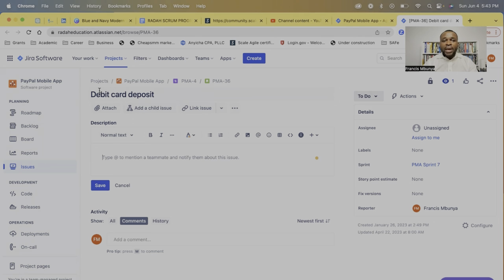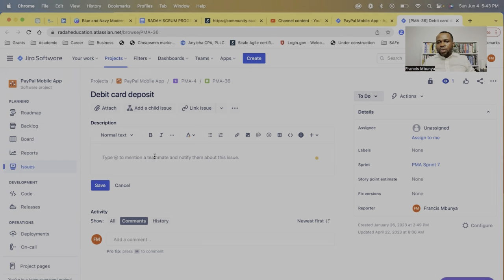Okay, perfect. Now we have a debit card deposit. So we are assuming that as a user, I want to be able to make as many deposits as possible, so that I want to be able to make payments or deposit into my account at any time.